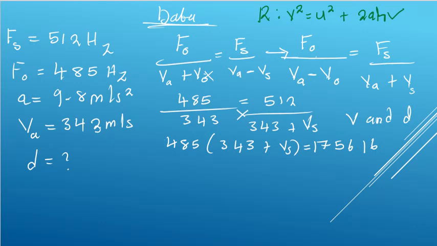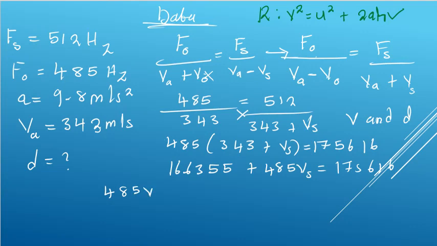So what is 485 multiplied by 343? We're going to have 166,355 plus 485 Vs equal to 175,616.